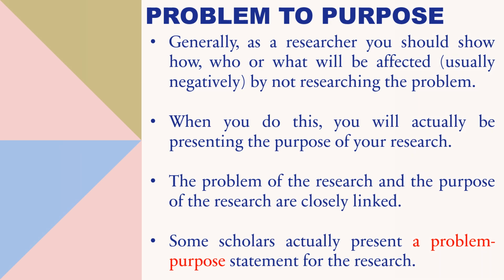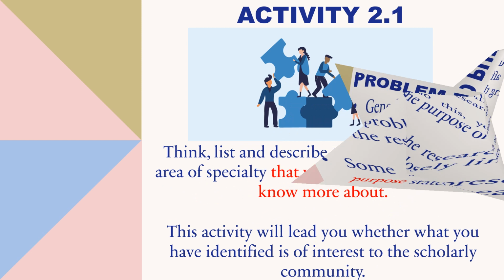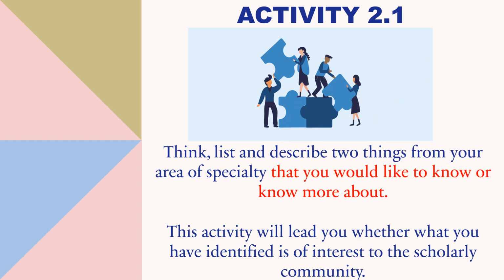So this now brings us to activity 2.1. This activity requires you to think, list, and describe two things from your area of specialty that you'd like to know or know more about.